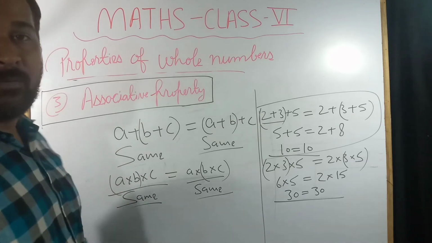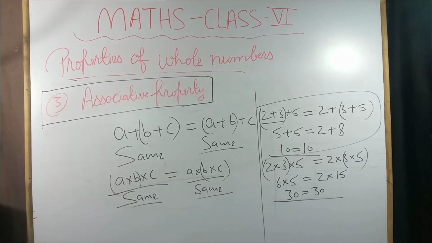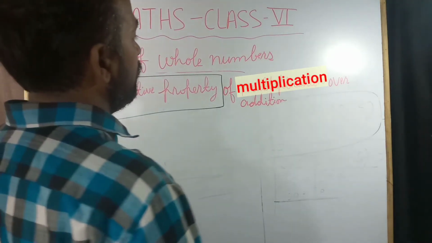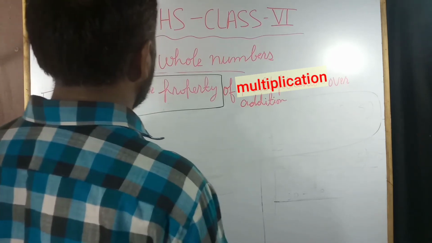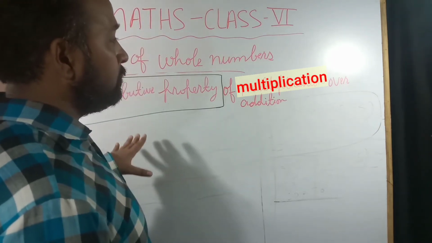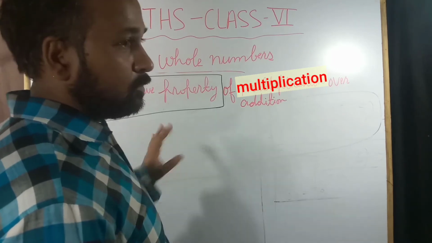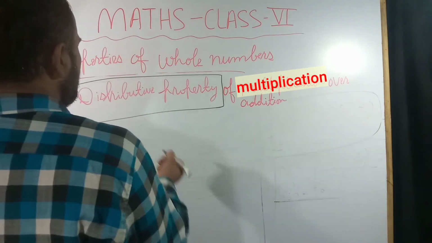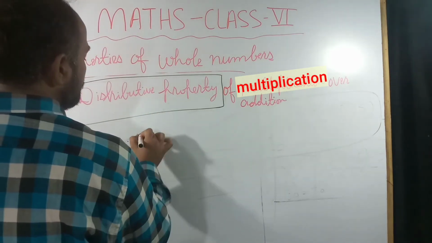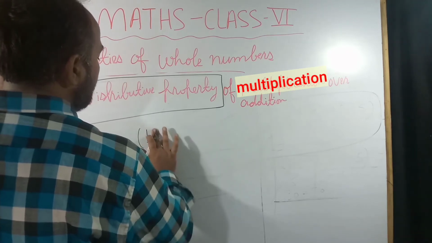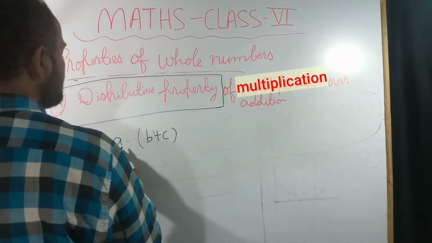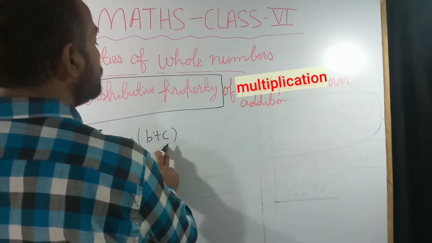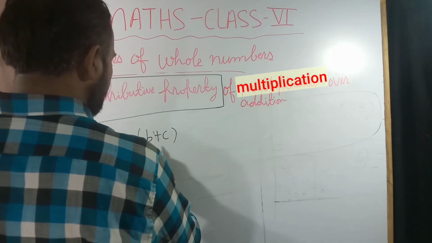Now the next property, distributive property of multiplication over addition, because in this property we will have a multiply symbol with addition also. Let's take one small example: a times b plus c. Here a is in multiplication and these two numbers are in addition.